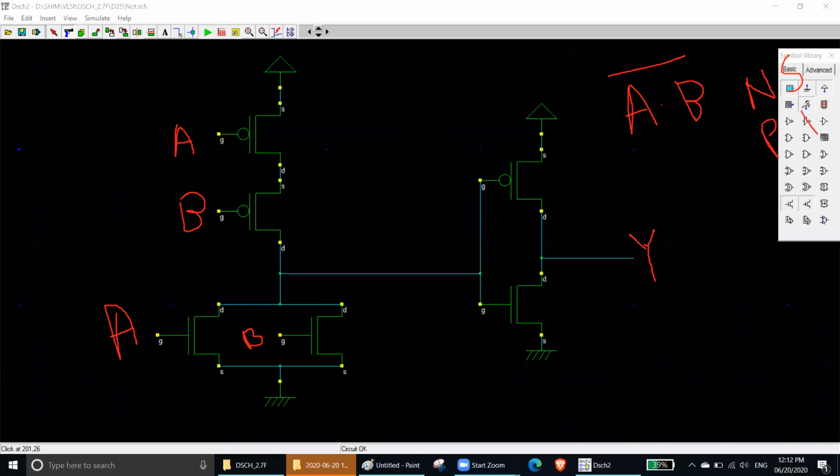So I'm writing NS, NS means NMOS series, PP means PMOS parallel. Understand, when it was multiplication. Multiplication means NAND. For NAND, the NMOS was series, PMOS was parallel, right? But for now, when it is addition, that means A plus B or A plus B bar, our NMOS is parallel now.